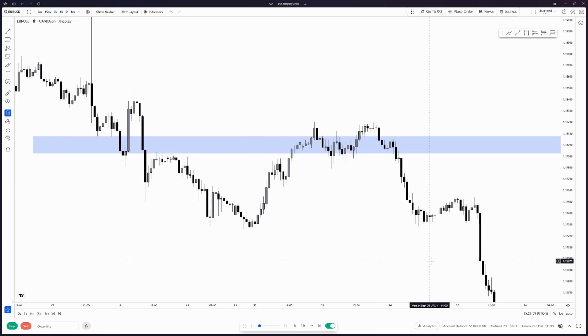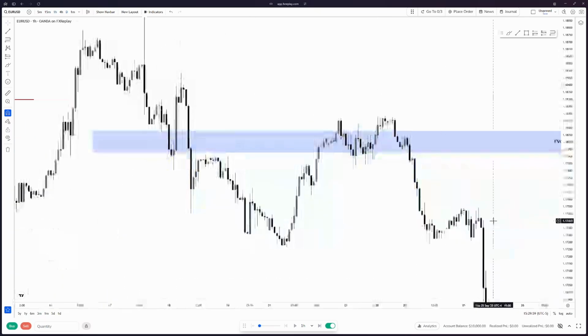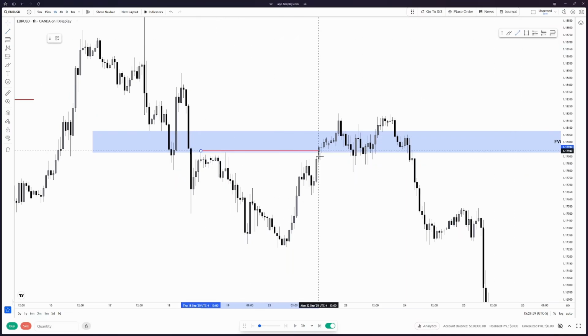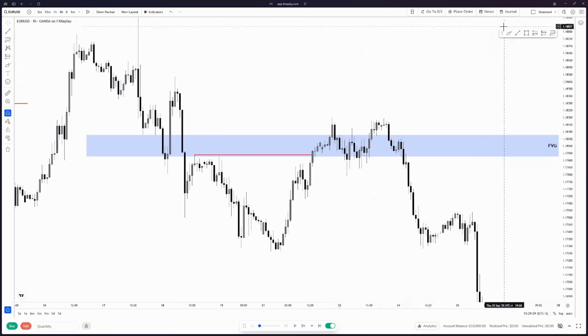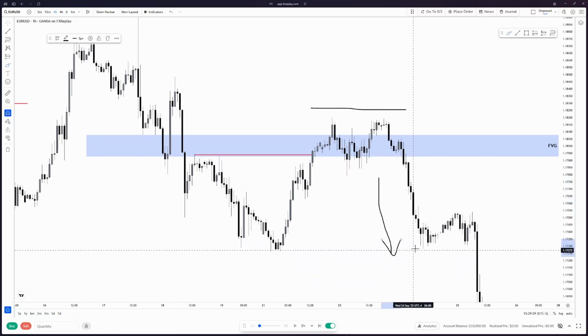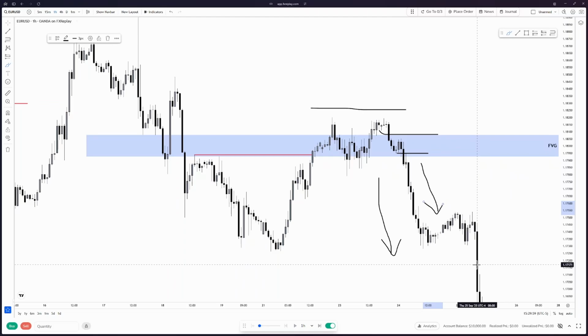Because price moves the same on every time frame, and we already know it's bearish, we can see a buy-side liquidity sweep here. All of this buy-side liquidity gets swept, price moves lower, gives us our confirmation, and moves exactly as we expected, just by watching the higher time frame.